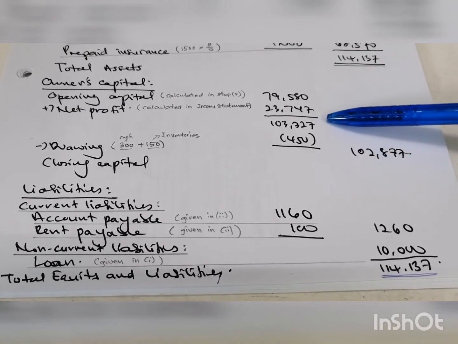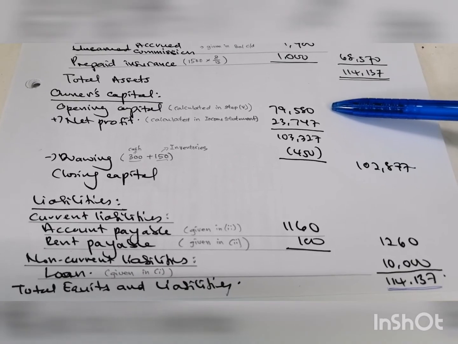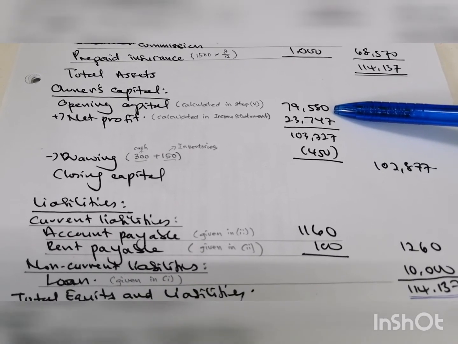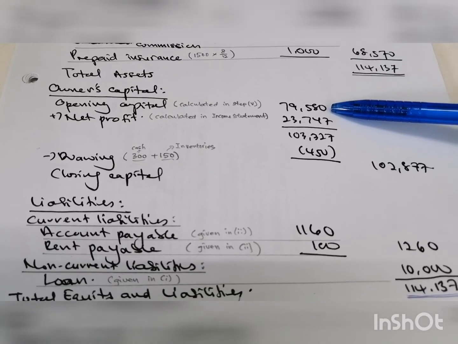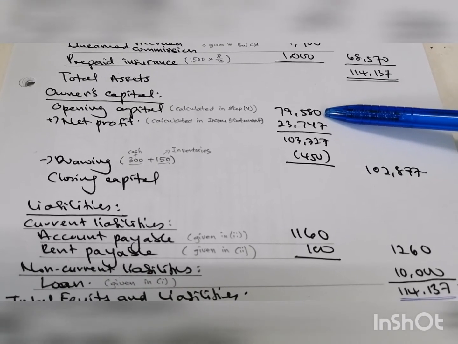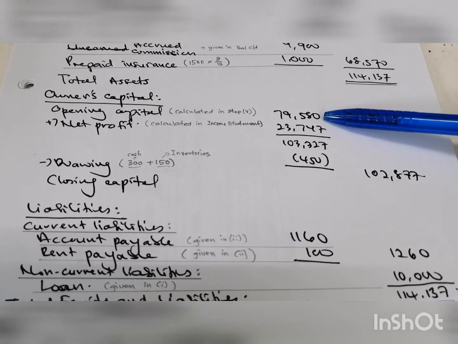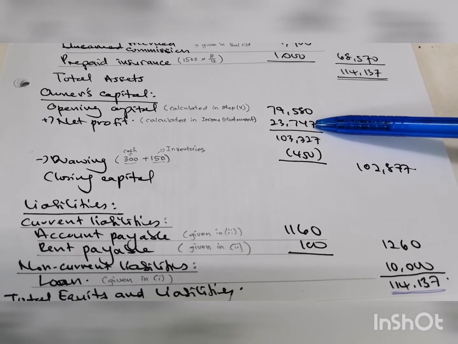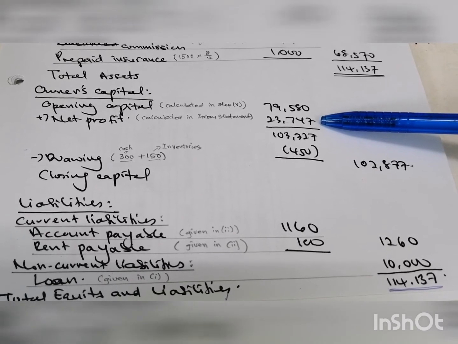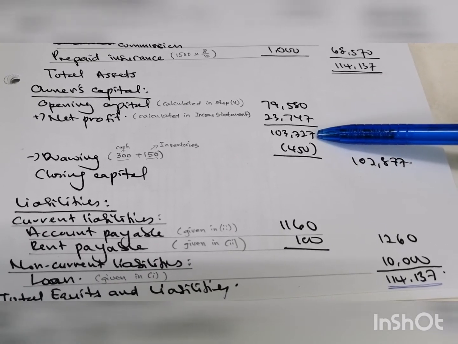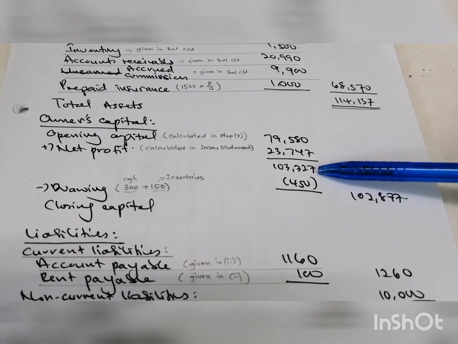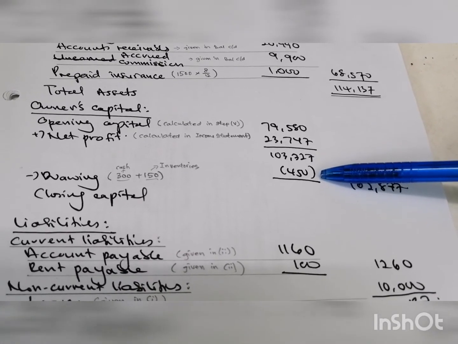Now look at owner's equity. Owner's capital, we have opening capital, as we calculated in step 5, 79,580 plus the net profit as we calculated in the income statement, 23,747. So we get 103,327.